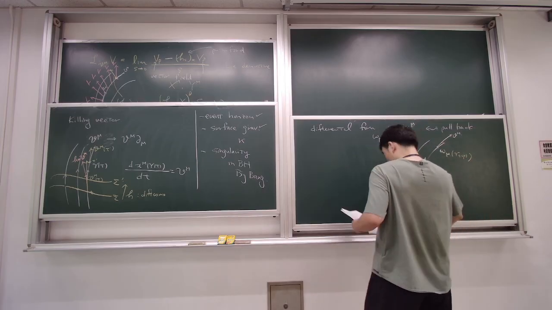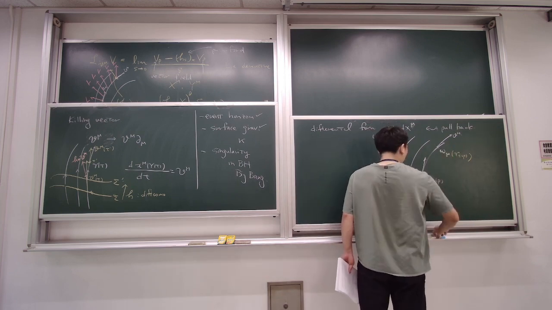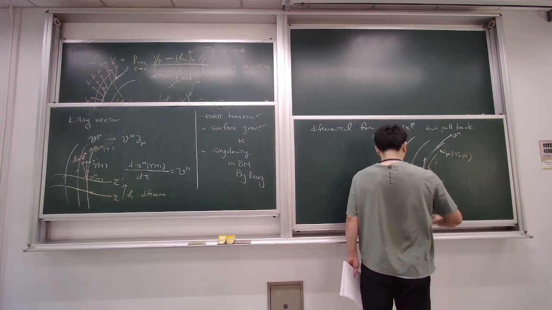So pullback is just, instead of pushing forward, going backwards in the affine time.